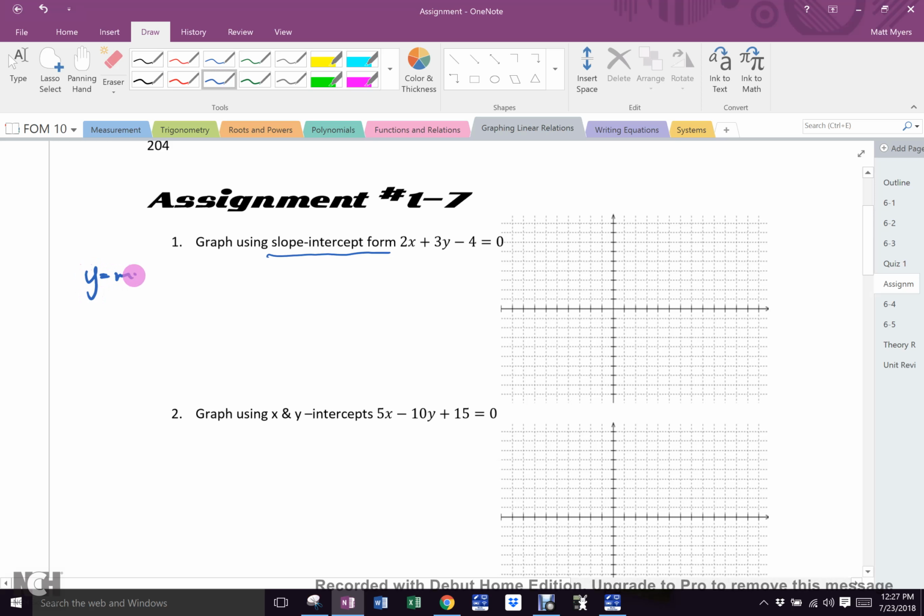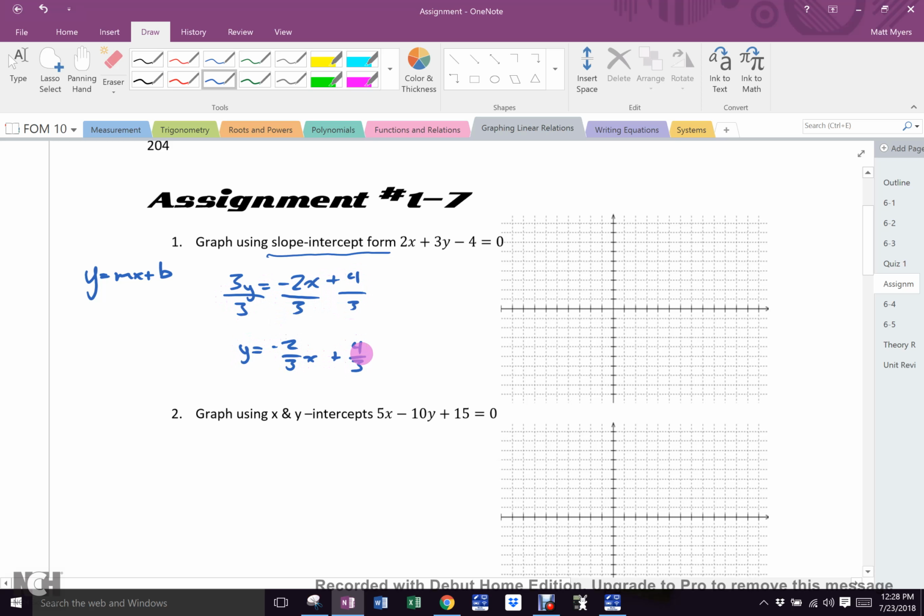Y equals mx plus b. Isolate y. Is y isolated? No. So, should I move y? No, because it's already positive. 3y equals negative 2x plus 4. Now, how do I isolate y? Divide by 3. Y equals negative 2/3 x plus 4/3.